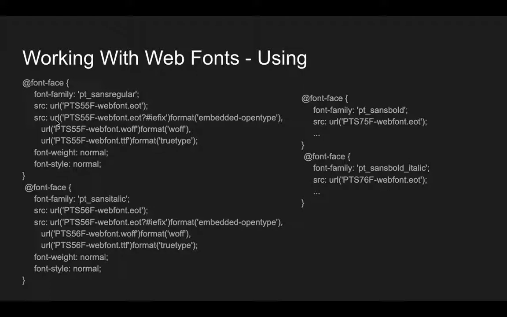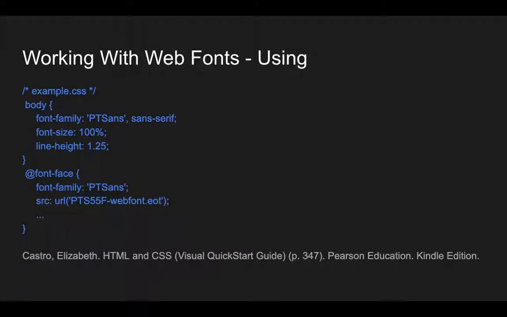And then after that, we have format, parenthesis. And then at the end, we have a comma because we're doing it again. All right. Then you come down to font-weight is normal, your font-style is normal, and you go on to adding your next font. This is the basic way that you load special fonts, web fonts, into your CSS.